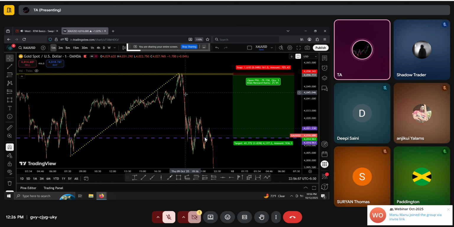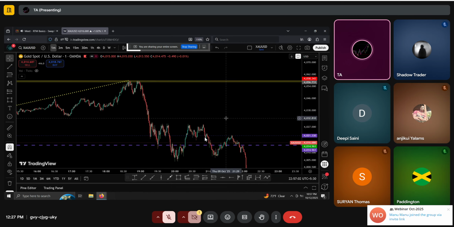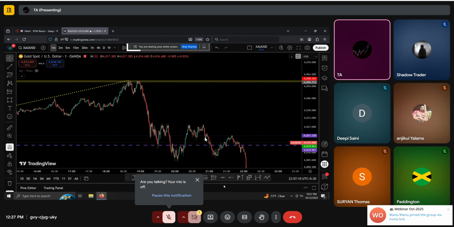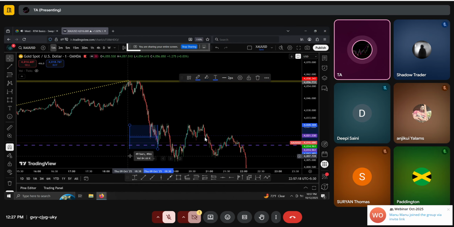This goes up and fell sharply. This did not take too much time. If we count in terms of time, it took only from here to here. How many bars? 49 bars, 49 minutes.